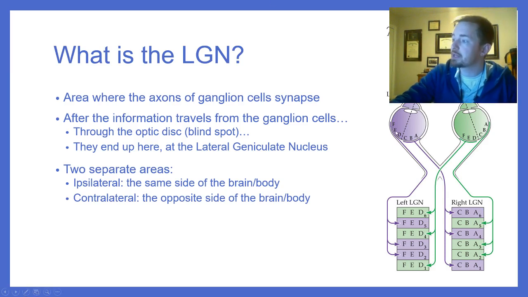For example, if we're looking at the right visual field here, it's going to be moving over to the left hemisphere. So this spot would be contralateral, but stuff over here is going to be ipsilateral.